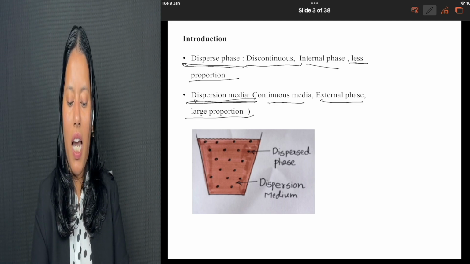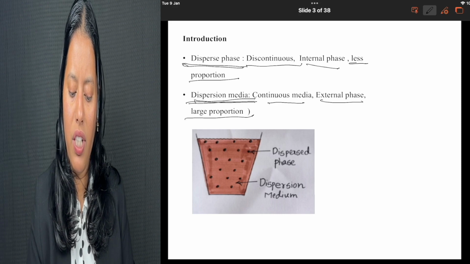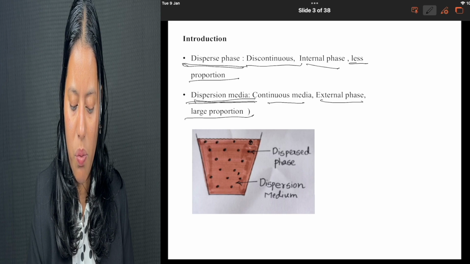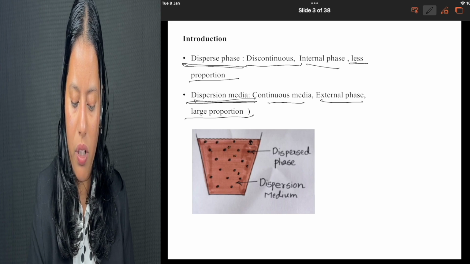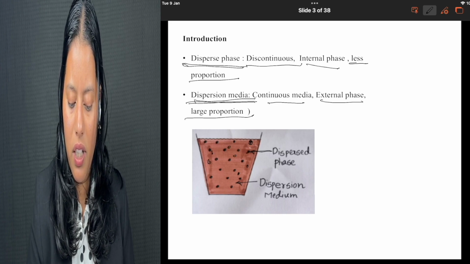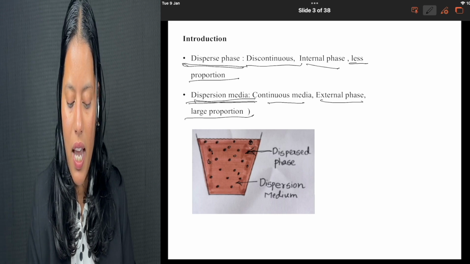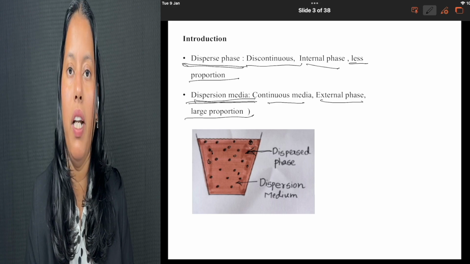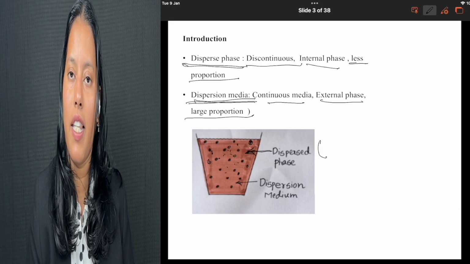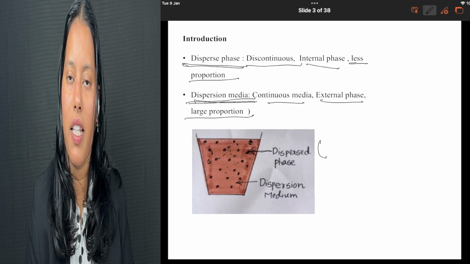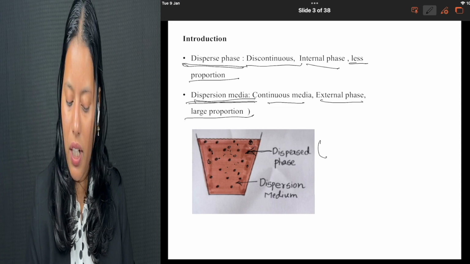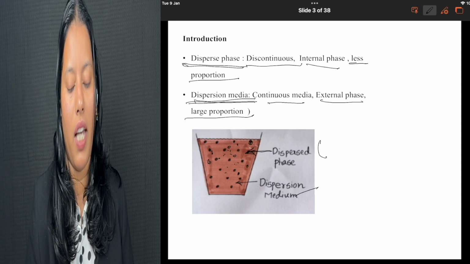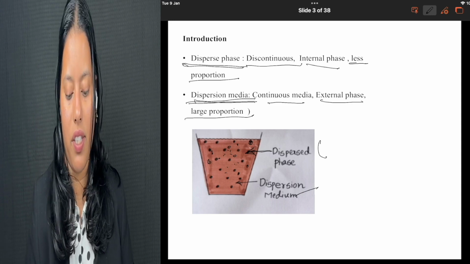If you see this diagram in which small particles are dispersed throughout the solution, these particles are called the disperse phase, and the solution is called the dispersion media. The disperse phase is less in proportion, internal, and discontinuous. Whereas the dispersion phase is more in proportion, continuous, and called the external phase.